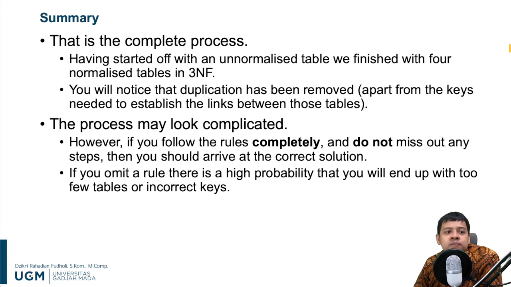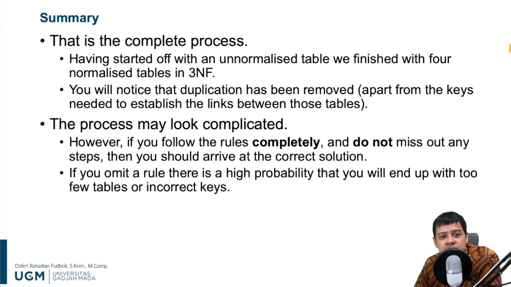The process may look complicated, but it is only complicated until we follow the rules completely. So just follow the rules, and if you want to learn about how we do normalization, please comment below and I will make another video to explore more about normalization itself.